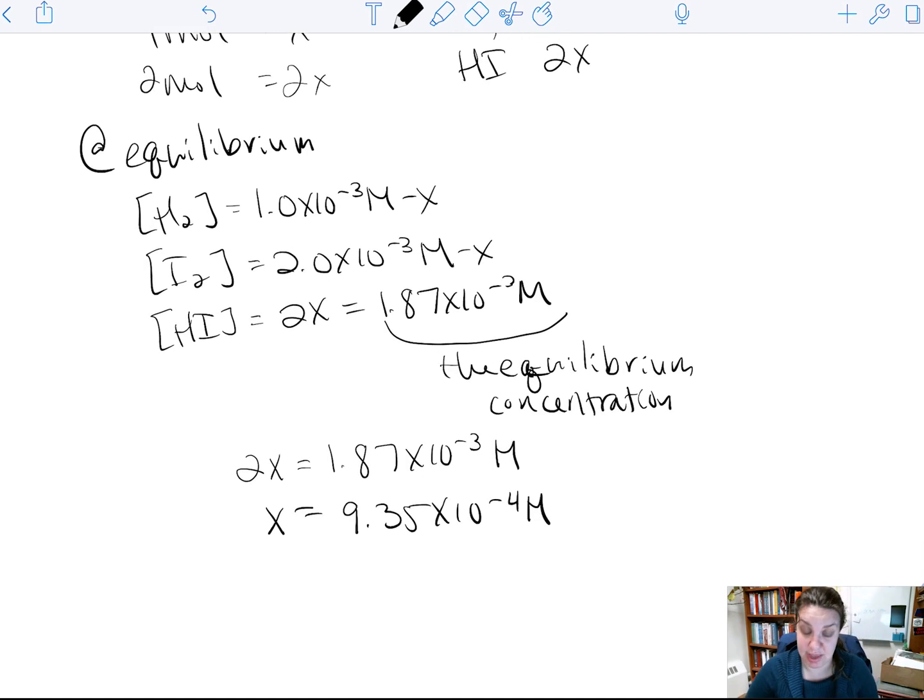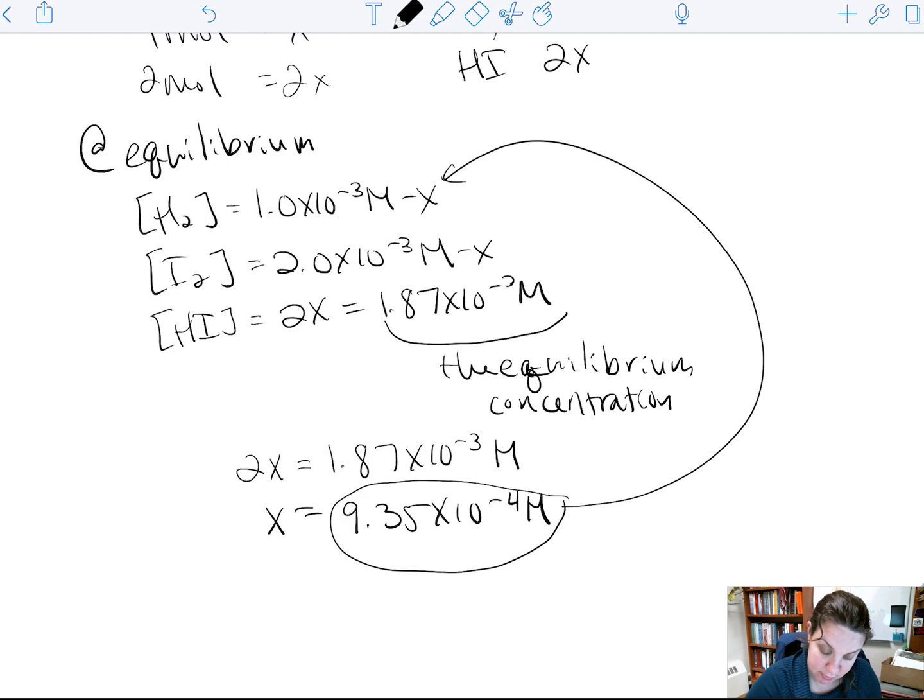And then we're just going to take that x value and put it in to solve for our H2 and our I2. So this value is going to go in for these two x's, right here and right here.